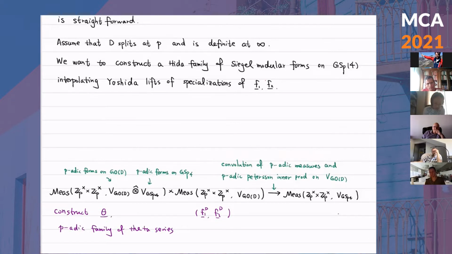Then on these two copies of p-adic forms on orthogonal groups, we use the p-adic Petersson inner product to get a scalar, and we get a map to the space of families of Siegel modular forms on GSp4. So we get our family of Yoshida lifts here.